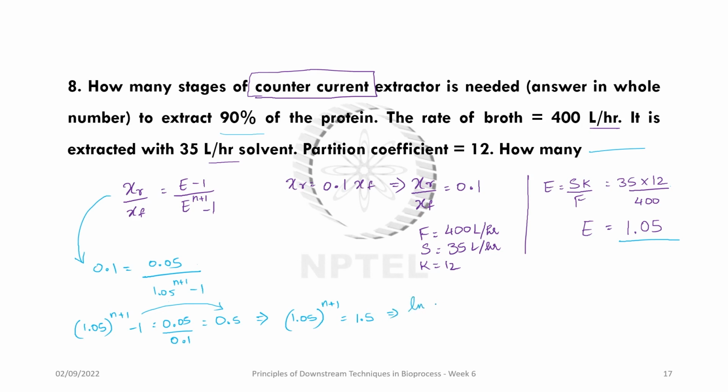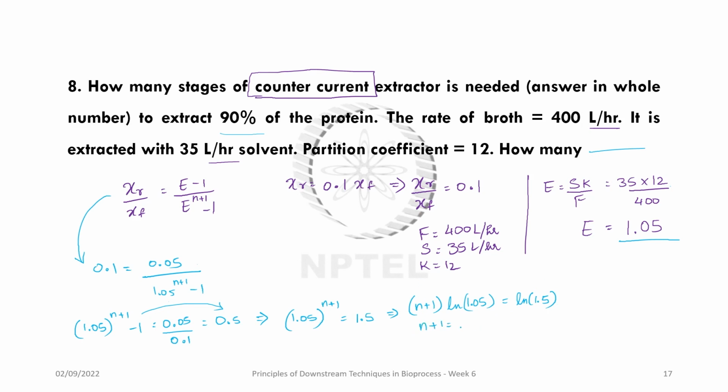So n plus 1 into ln of 1.05 is equal to ln of 1.5.